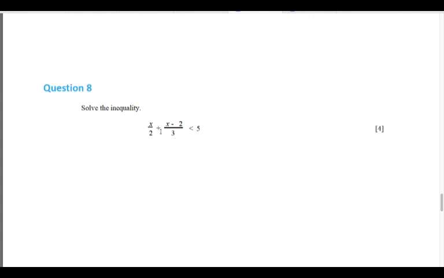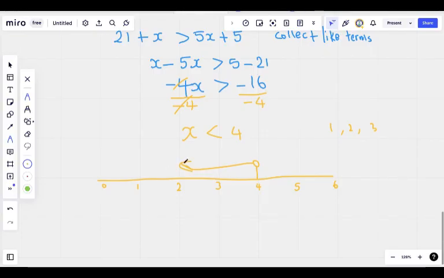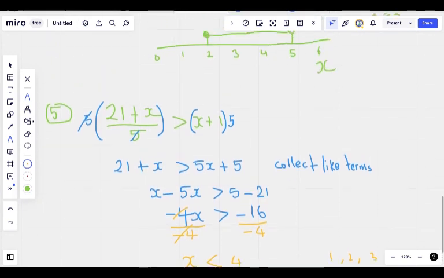X over 2 plus x minus 2 over 3. Question number 6.